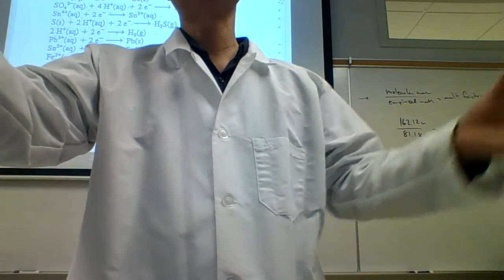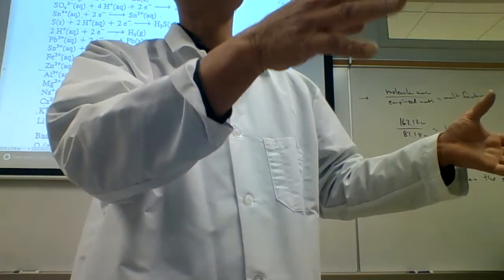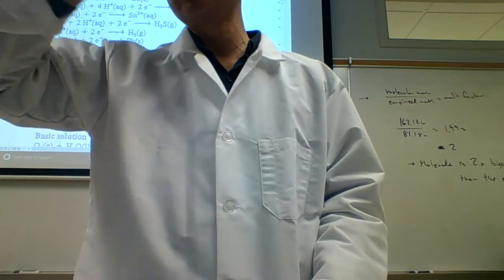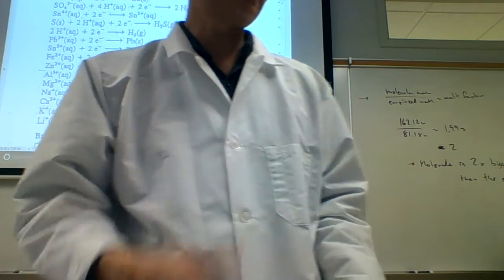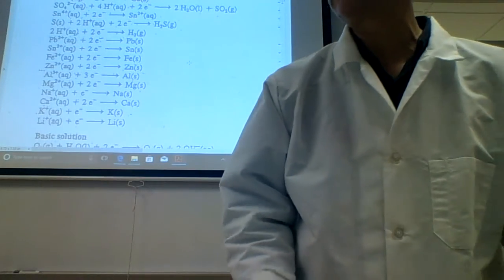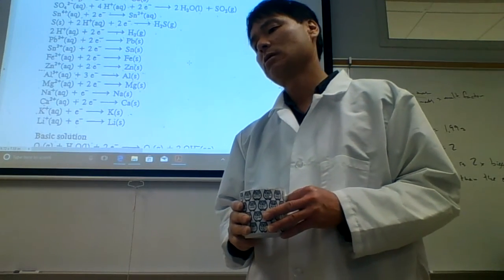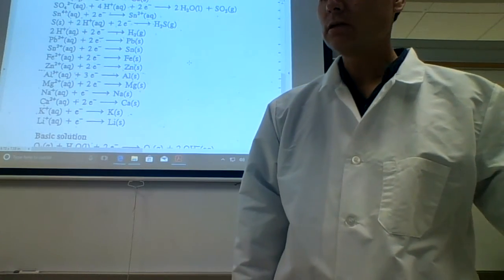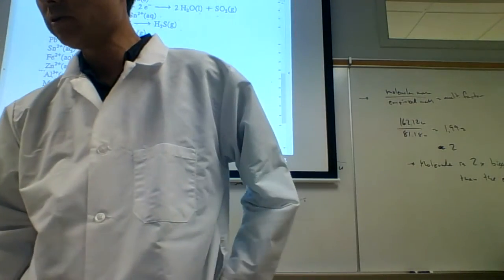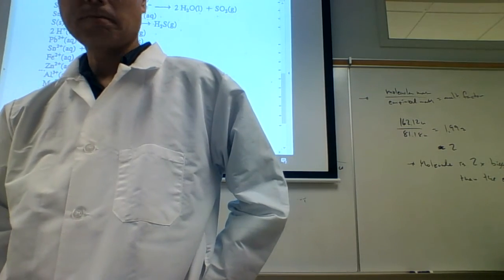Actually, there were 2 waste jugs, one for oxidizers and the other for reducers. They put the reducer in the oxidizer waste jug and caused an explosion. Fortunately, they just got minor burns, but it could have been much worse. So it's really important to have some knowledge of descriptive chemistry, just from a safety perspective.